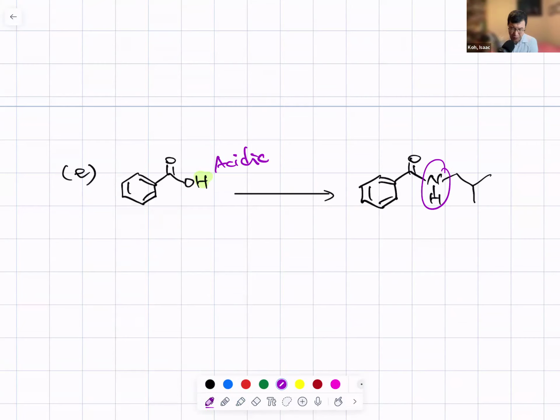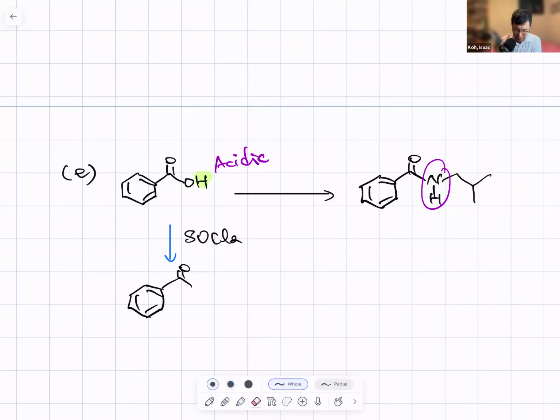So an acid-base reaction will occur first. So what you need to do is remove this proton. Let's use thionyl chloride. Then let's activate it and also get rid of the proton. It will be plus SO2 plus HCl.